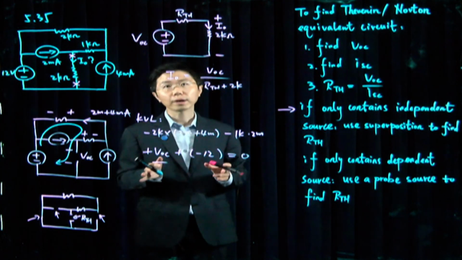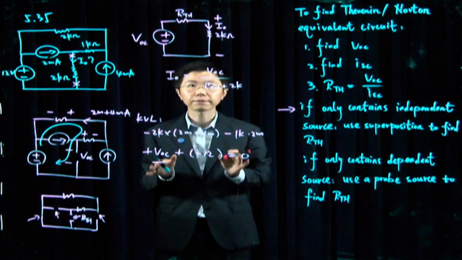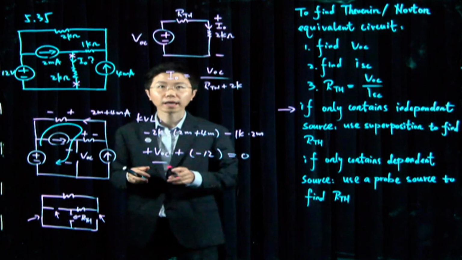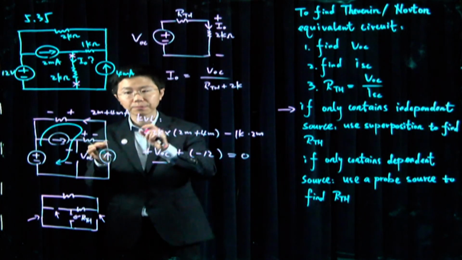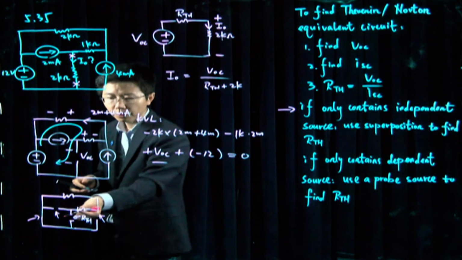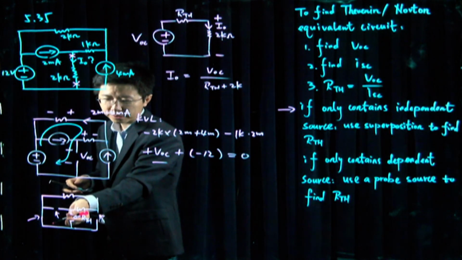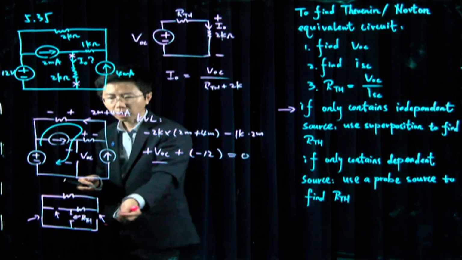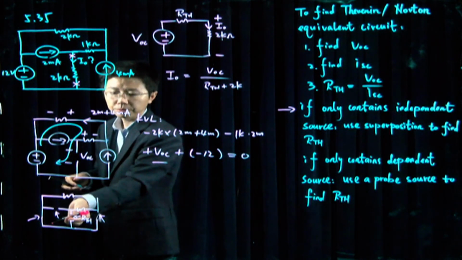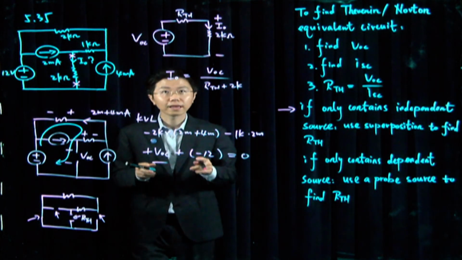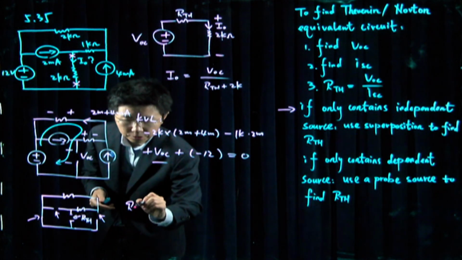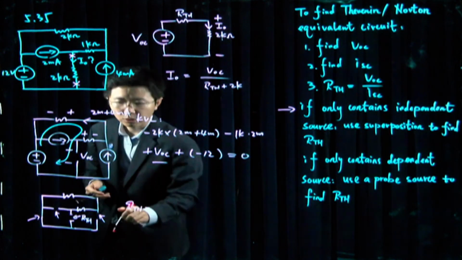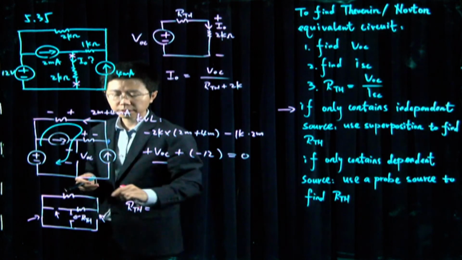Now, I can directly compute my Thevenin equivalent resistance by looking at the resistance across the 2 terminals where I'm making the separation. Specifically, I'm looking for what will be the resistance across these 2 terminals here. And for this circuit, it's easy to see that our RTH equals these 2 resistors in series.